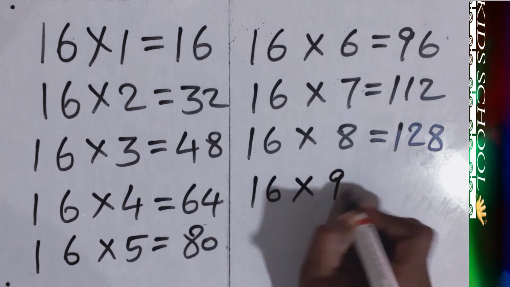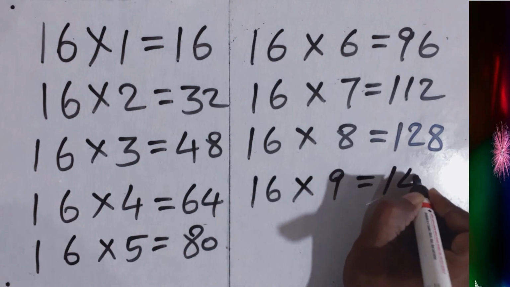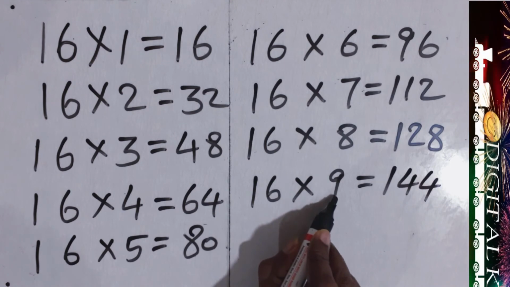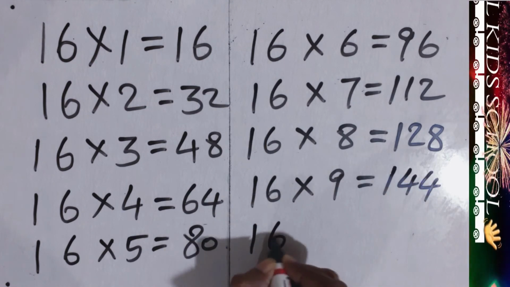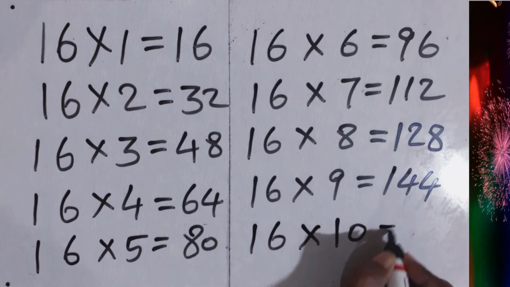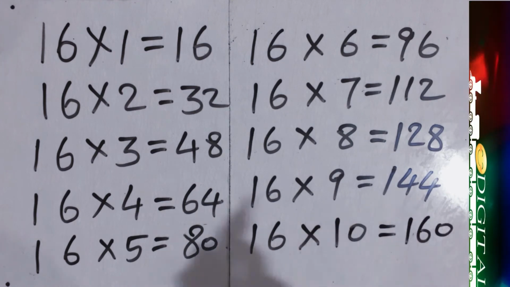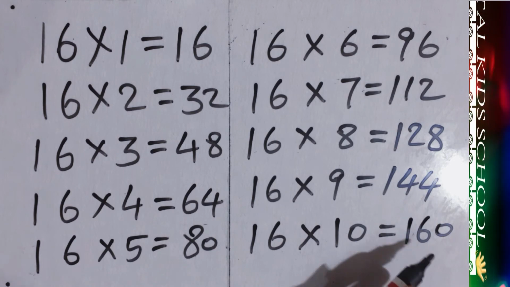16 into 9 is equal to 144. 16 9 ja 144. 16 into 10 is equal to 160. 16 10 ja 160.